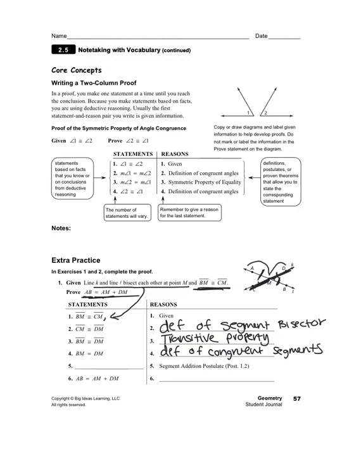Okay. Next, we're told that we're using the segment addition postulate. We're given all of the information that we need, so we can say that the measurement of AB is equal to the measurement of AM plus BM.